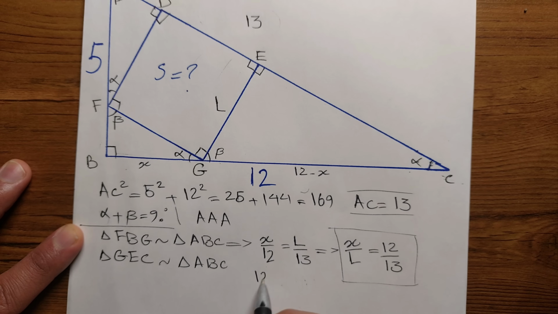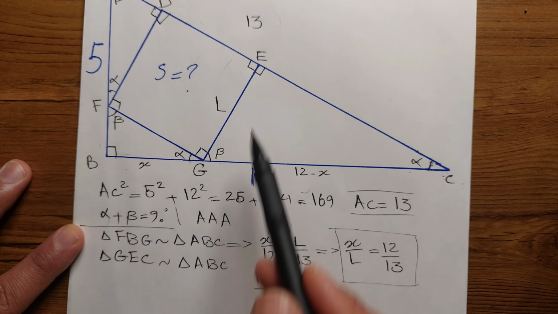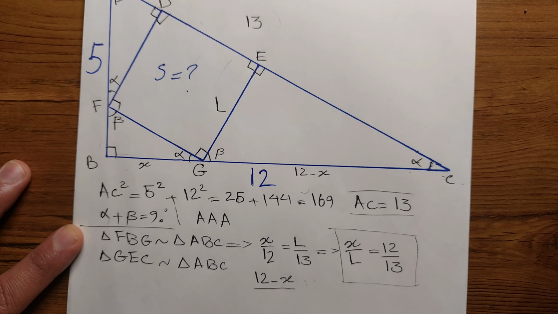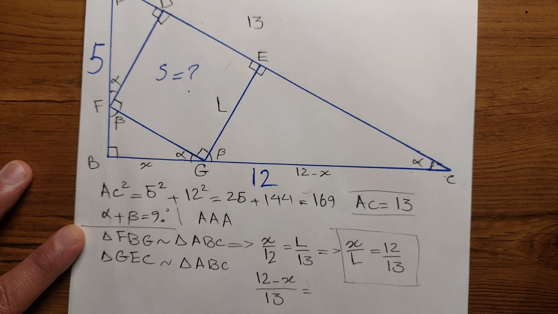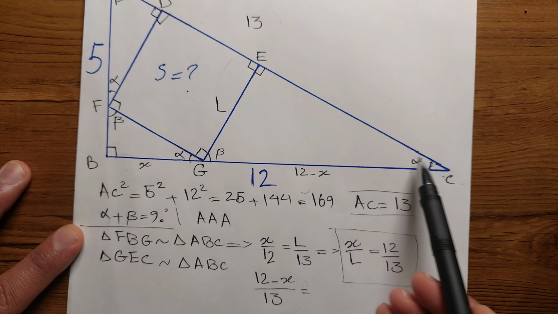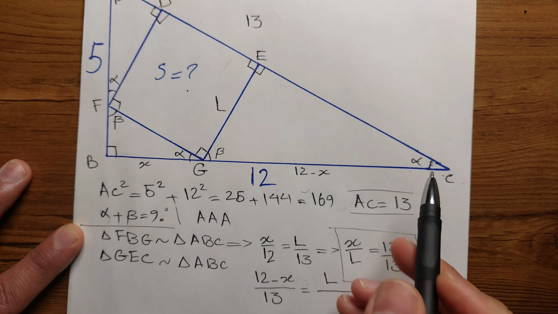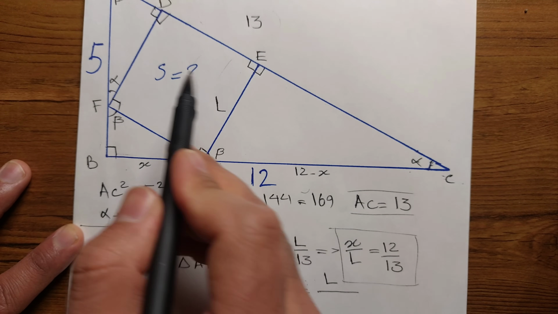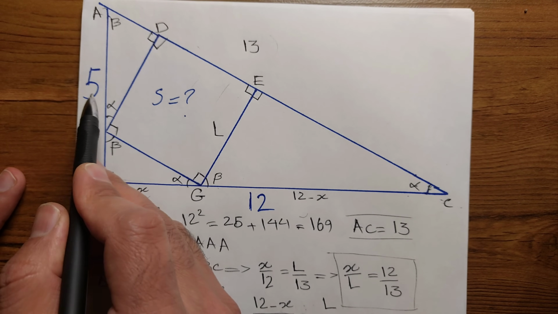So 12 minus x over the hypotenuse of the bigger triangle, which is 13, equals, let's use L again because we want to solve for L. L in this triangle is the side facing alpha, and the side facing alpha in the bigger triangle is AB, which is 5 units.